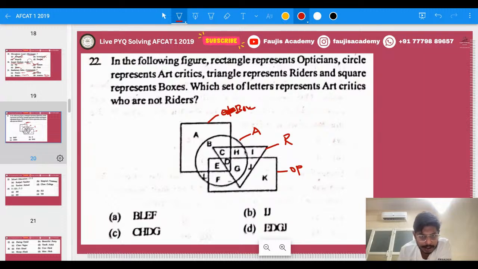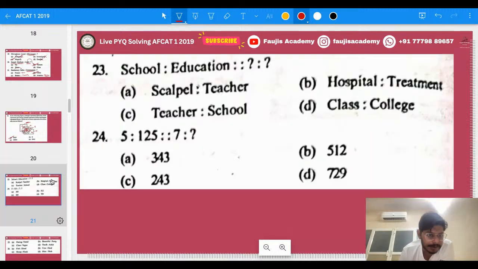That means it will be inside A, so we don't need all this. Who are not riders means all the ones inside the triangle we can chuck. What are we left with? B, E, F. And if you look more closely, we also have L over here. So we'll go ahead with this one.